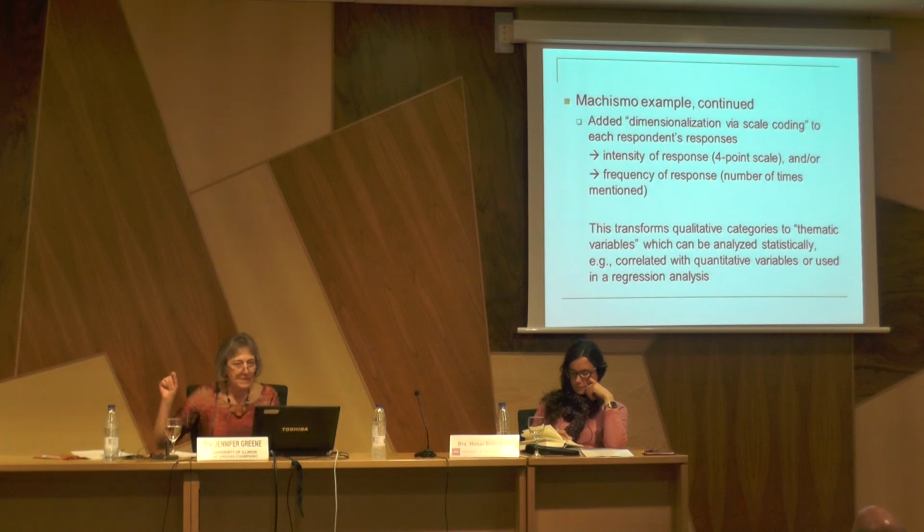For each participant, they looked at the themes for machismo and machismo self-identification and judged the intensity of that response. Low is 1, a little bit lower, 2, a little bit high, 3, and very high, 4. It's a judgment. I'm sure they got cross-verification among the research team.